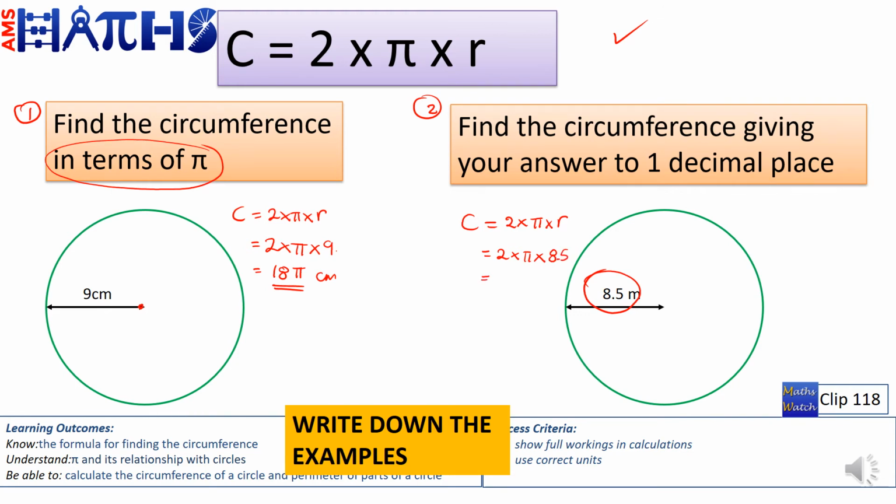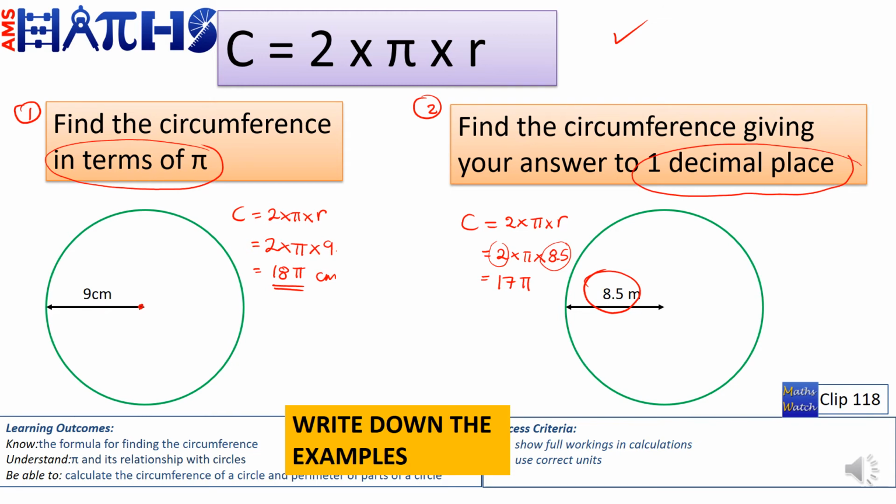When we put that in our calculator, we should get 17 pi, okay, because 2 times 8.5 is 17. Now we've stopped at 17 pi, but we are not yet complete because it did ask us to write the answer to one decimal place.